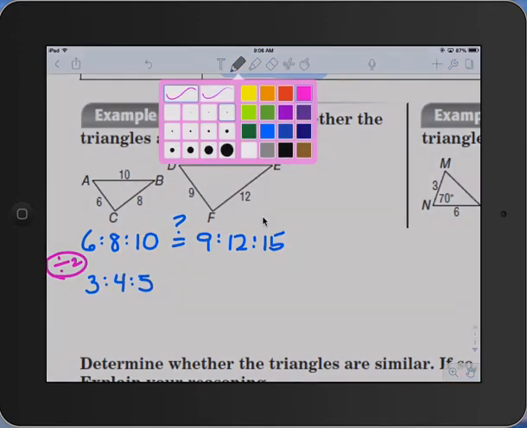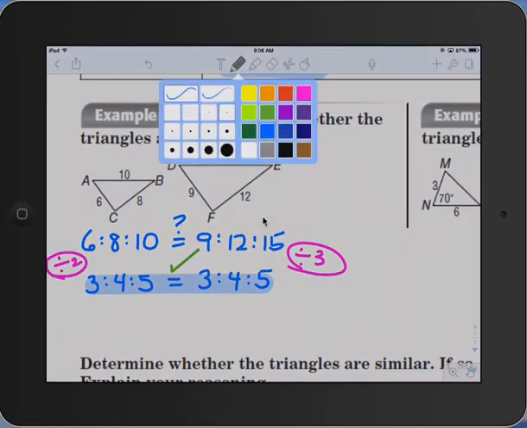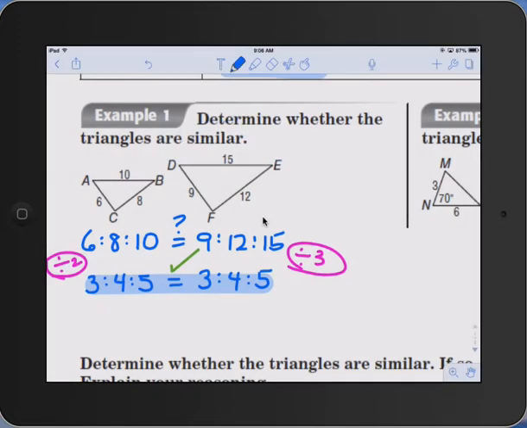And on the right side, we can divide out a 3, and that will make the right side 3 to 4 to 5, which means that they are proportional, so the triangles are similar by side-side-side similarity.